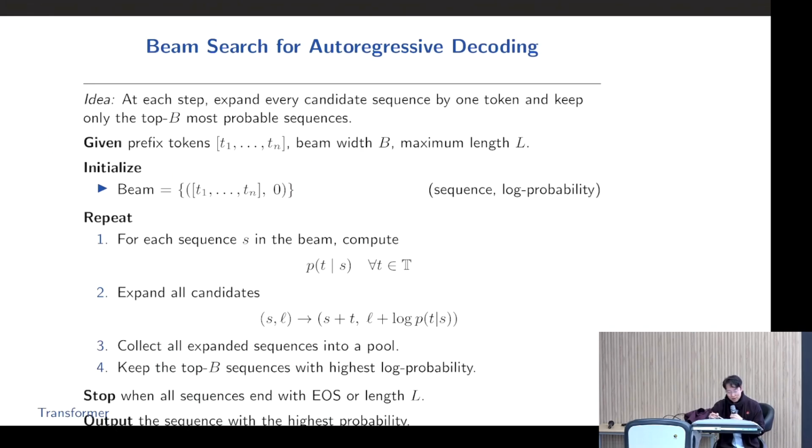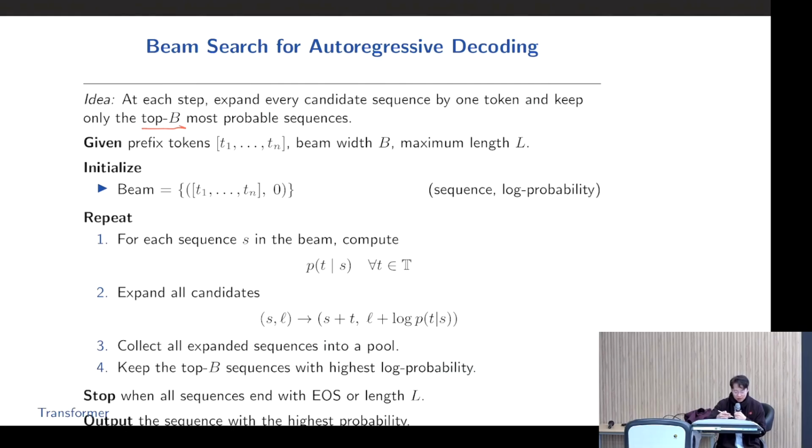So one thing we can do instead is what's called beam search, which I'm sure many of you have heard before. The idea is very simple. You keep only the top B most probable sequences. Will this give you optimal decoding?